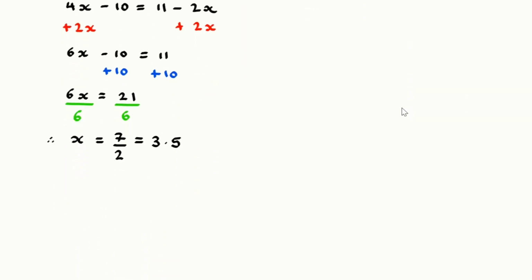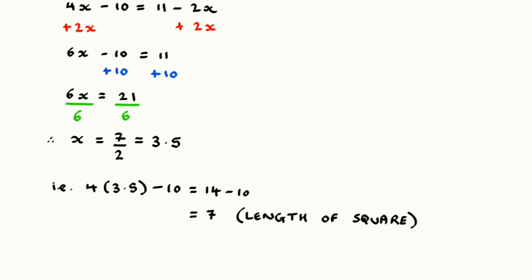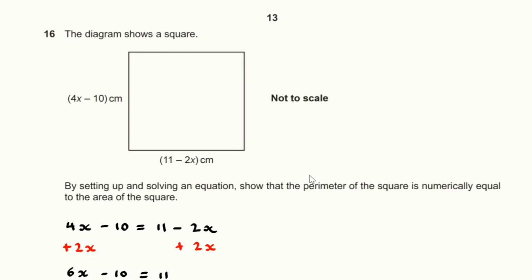So if I substitute back in, I've got 4 lots of 3.5 minus 10. So I've got here 14 minus 10, which is 7. So this is the length of the square. So we've got here 4 sides of 7.